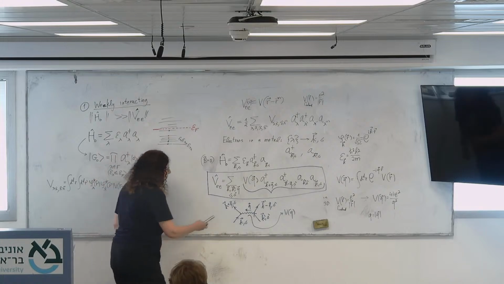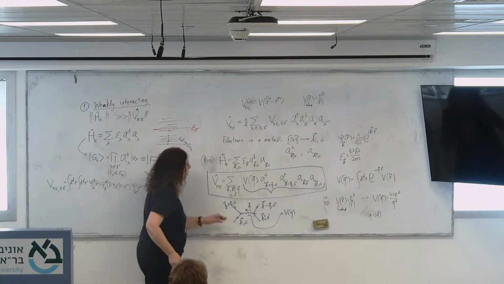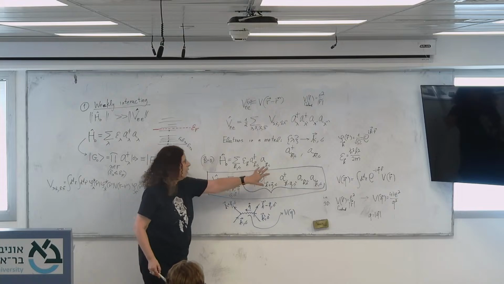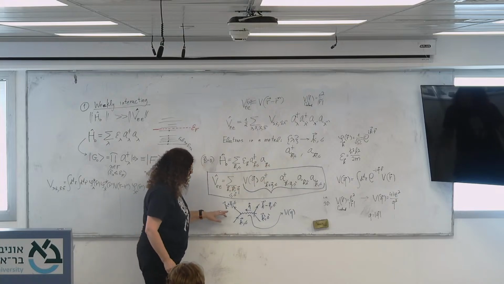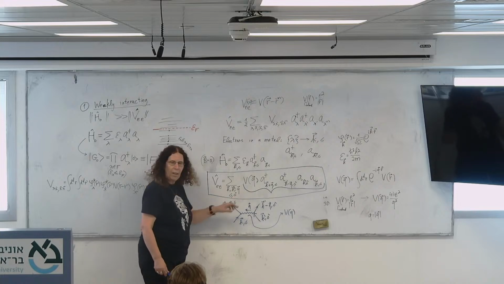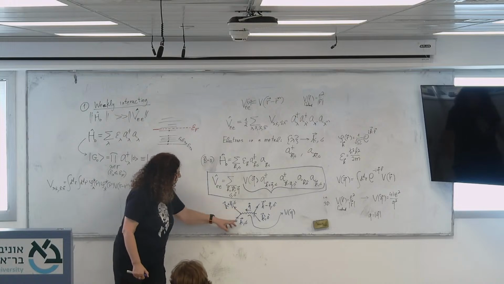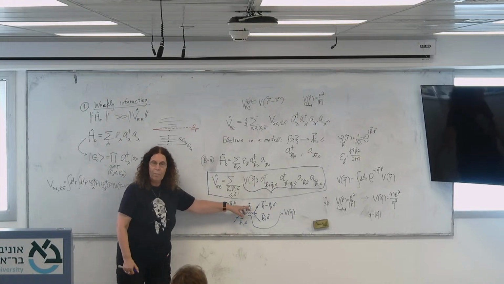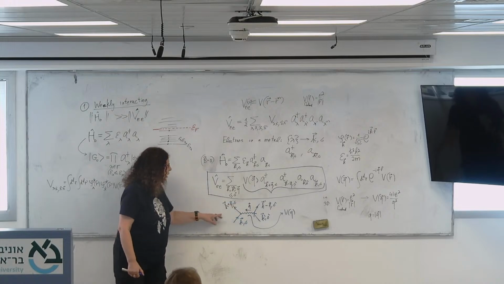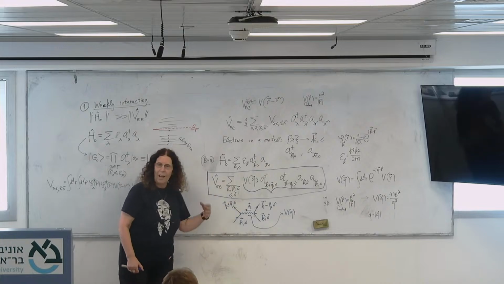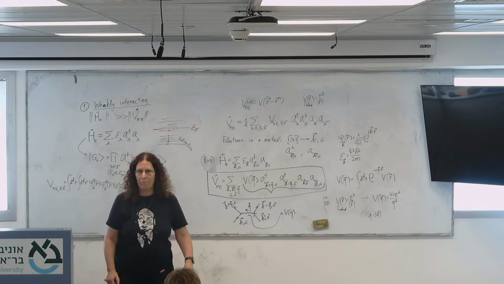Okay, so this is a graphic notation of what I wrote here in a formula. And we'll see, I hope we'll have some time for it later, not today, how using this graphic language you can actually very easily get the answer for a calculation.